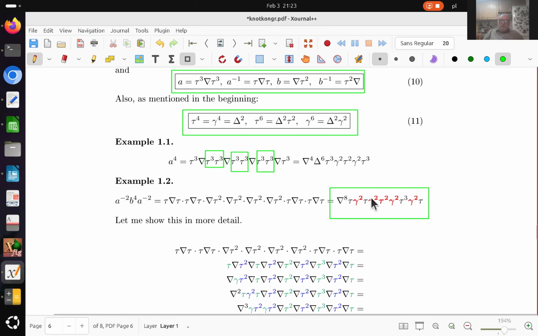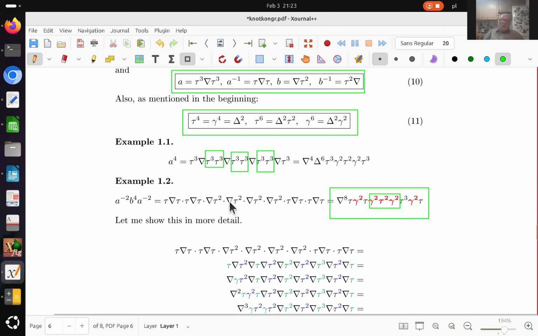Now, what's the meaning of this? Here you have b to the fourth power. And as you see, you have gamma square tau square gamma square 3 times. And then you have tau to some odd power and tau to another odd power to the left of this and to the right of this.